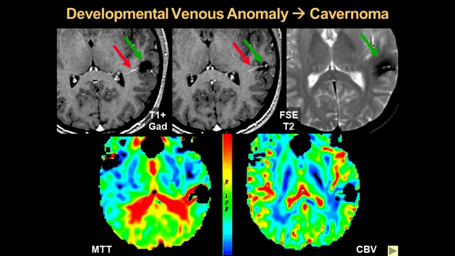You can also see the development of cavernous malformations, also known as cavernomas, in the drainage field of a developmental venous anomaly. DVAs are seen in about 4 or 5% of normals, and most of the time are of no consequence. I try to hide this finding in the body of the report. But if I see one with a cavernoma or with gliosis around it on T2, I'm going to call it out, because it may be that slow venous sludging over years can lead to the birth of a cavernous malformation.